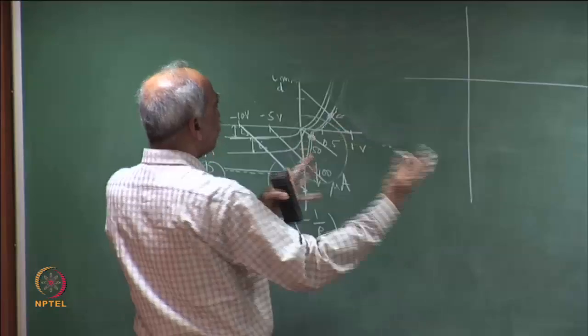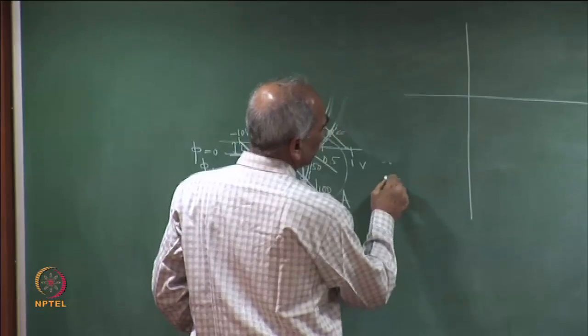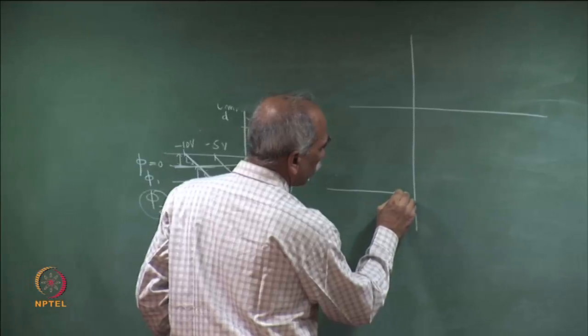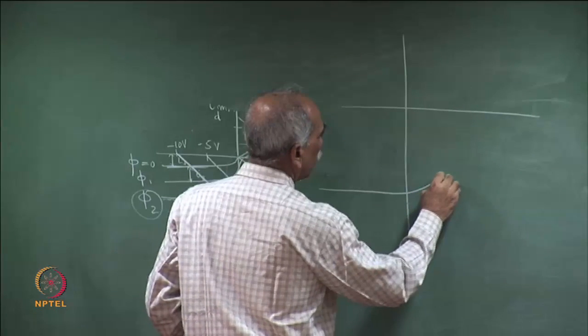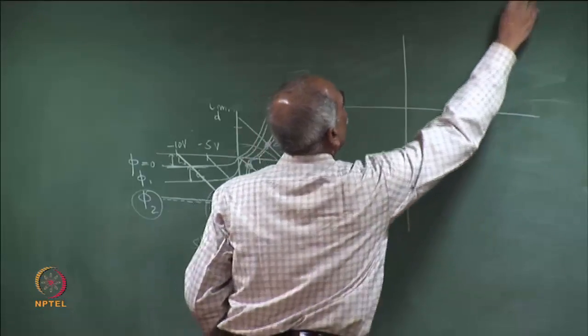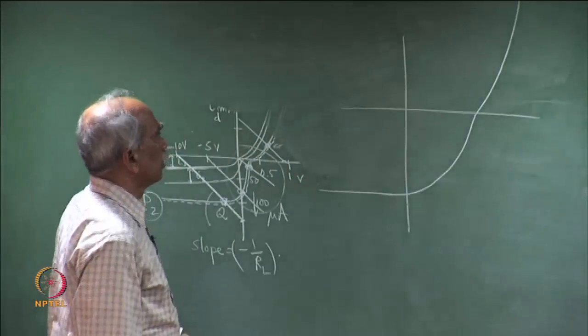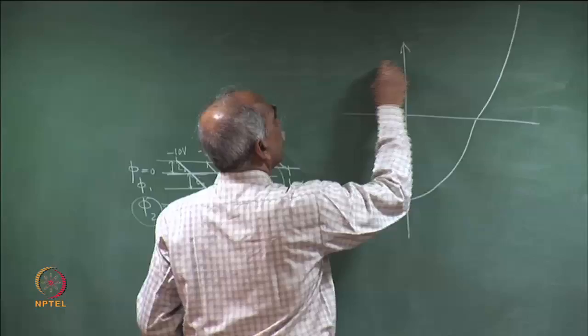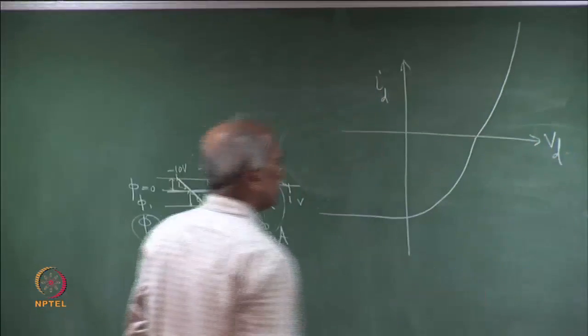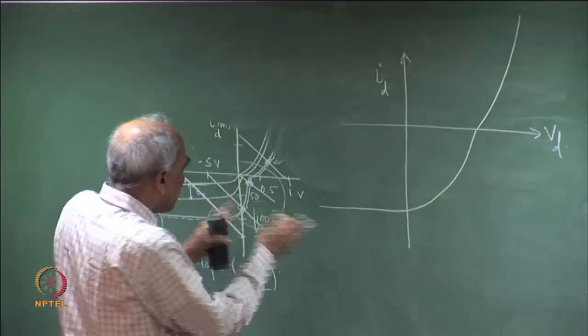It is a zoomed quadrant. So, here is the same ID and this is VD.